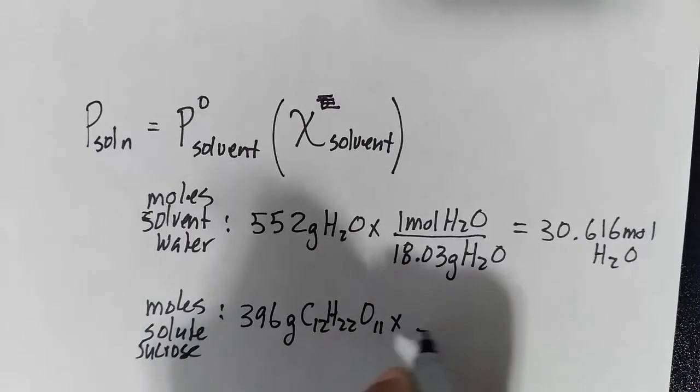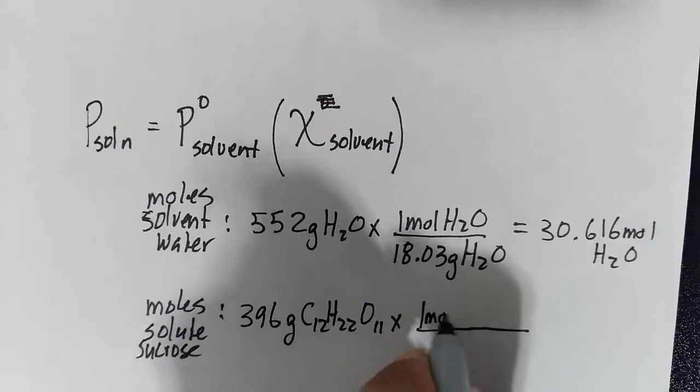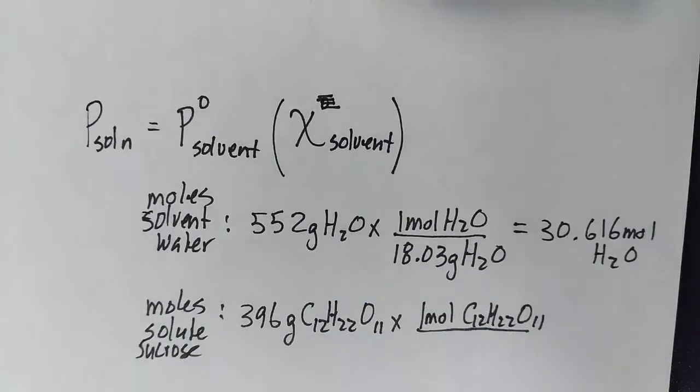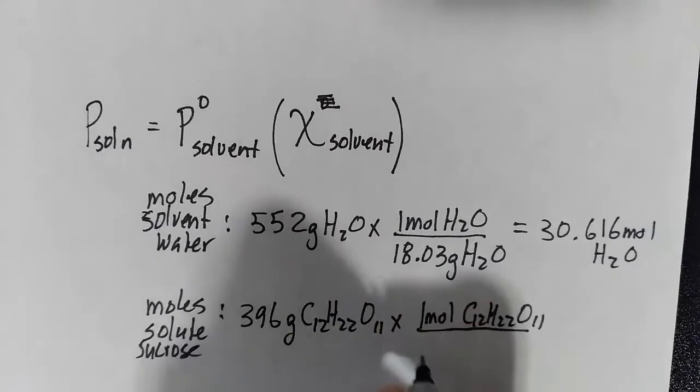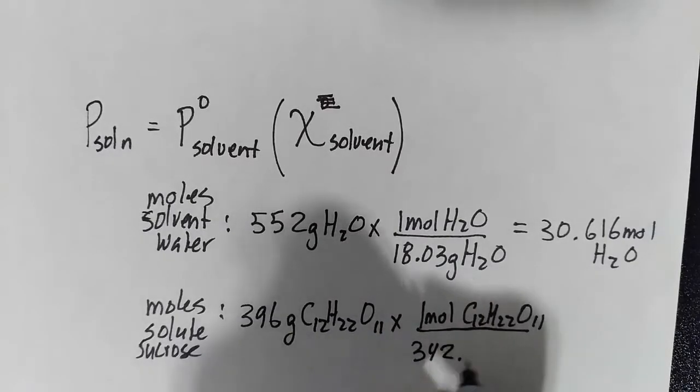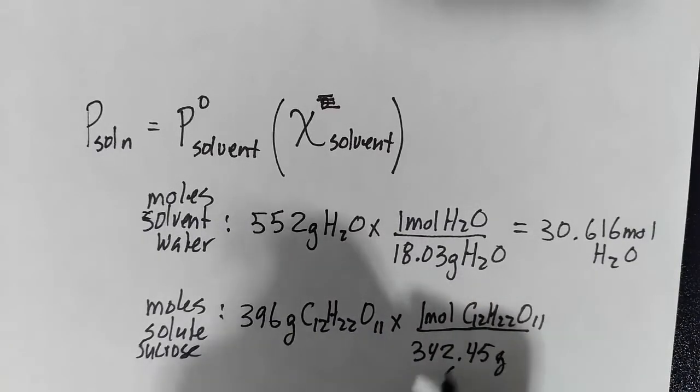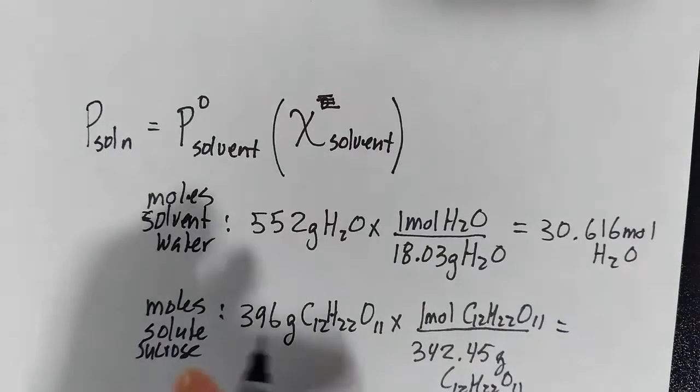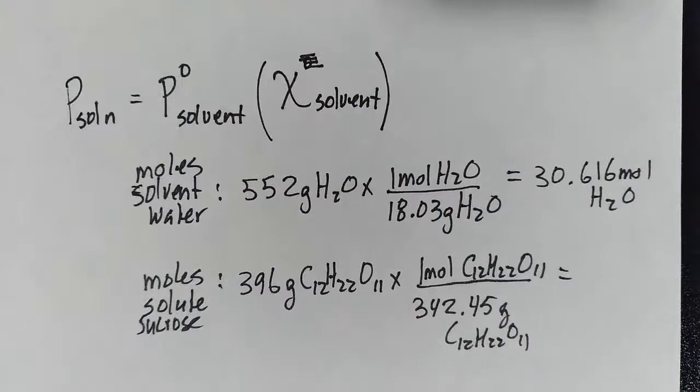C12H22O11 times, for 1 mole of sucrose, how many grams? Carbon is about 12.01, hydrogen is about 1.01, and oxygen is about 16.01. So I'm getting about 342.45 grams of C12H22O11.